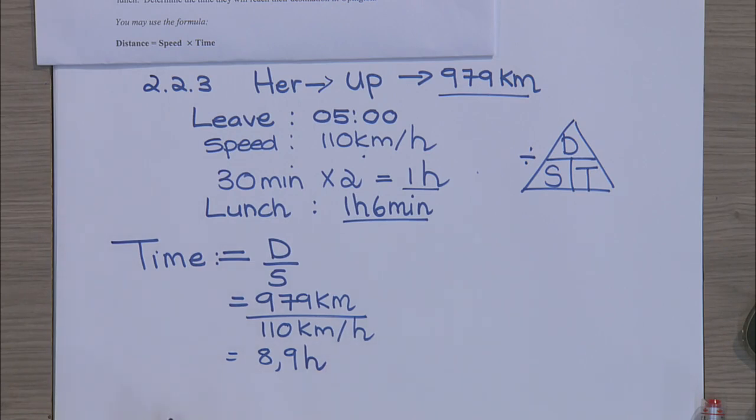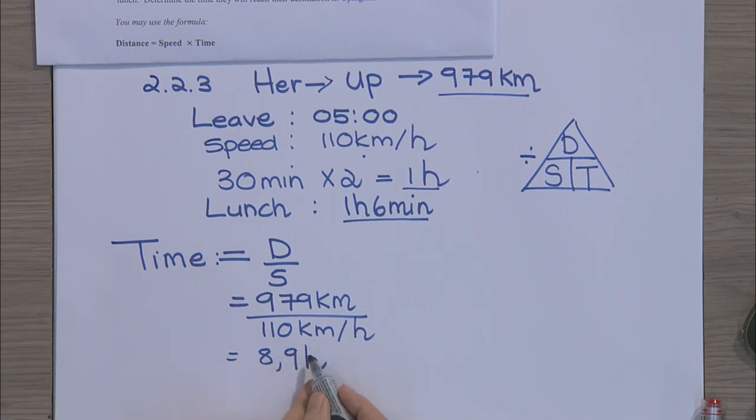What I first need to do is take the 8.9 hours and get how many hours and minutes. So the 8 hours can never change. It's already 8 hours. It is not 90 minutes. Otherwise, this will not be 8 hours. So the 8, what's in front of the comma, cannot change. I need to work out what the 0.9 hours is.